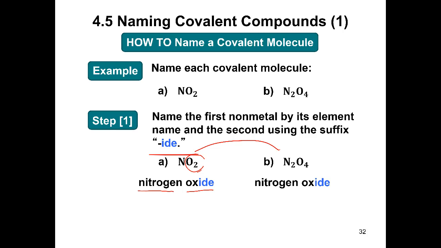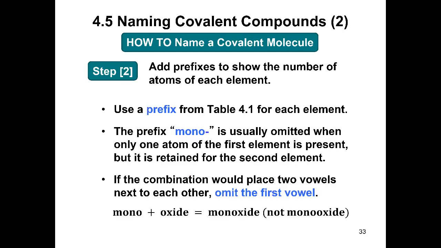So this could be considered nitrogen oxide if it was similar to the ionics. However, you can actually have this exist as N2O4 with two N's and four O's, or you could have NO2 with one N and O2. So you do not reduce when you're naming covalents because they can exist in those states.